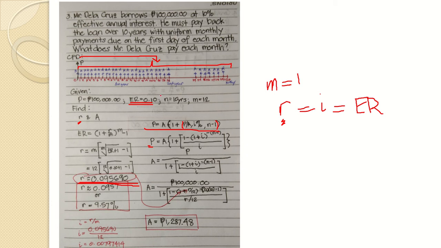Okay. Then, using algebraic notation, you have to cross multiply it. You will get this formula for A. Substituting the values, you will have A is equal to 1,287.48. So that's the annuity due.